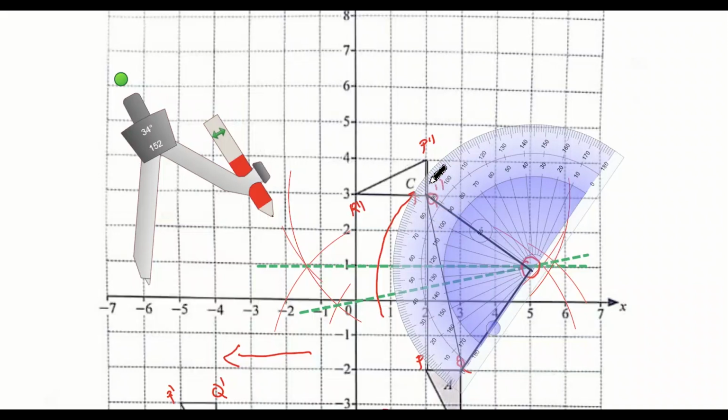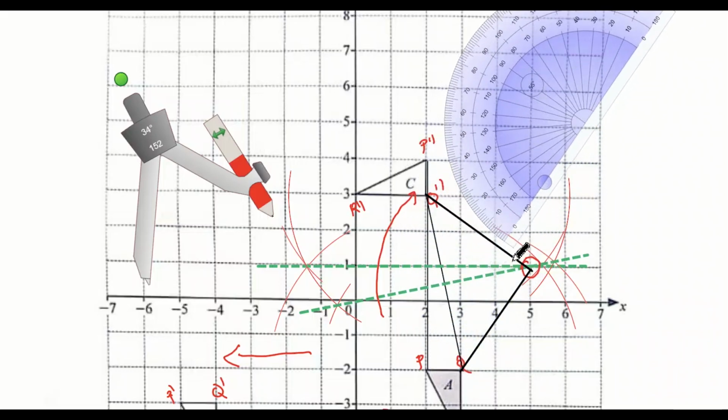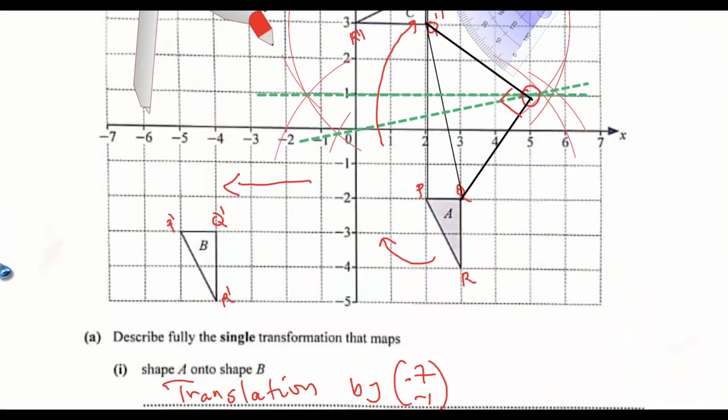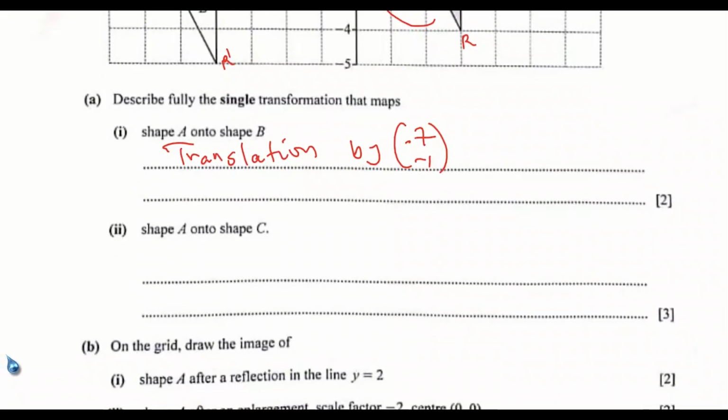If you want to test with other points, it can be P and P prime prime, you see that you still have a right angle. This is perpendicular to this, so it is 90 degrees, but you can always use your protractor just like I've shown you to check the angle. Now I have all the criteria, so I can go down and give the necessary information. Shape A onto shape C is rotation.